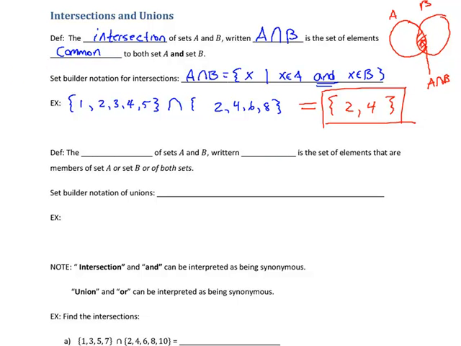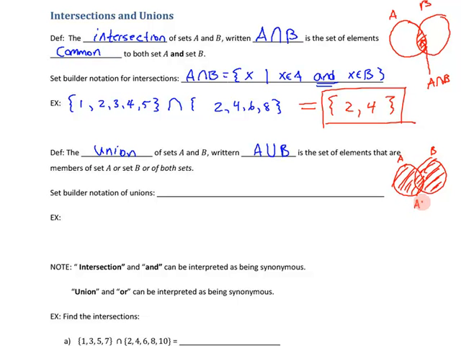Now, unions are different. The union of two sets, written as A union B, notice how it looks like just a big U, is the set of all elements that are members of set A or set B or maybe both sets. So in terms of my picture, if I have A and B, the union is everything over here, and everything inside.